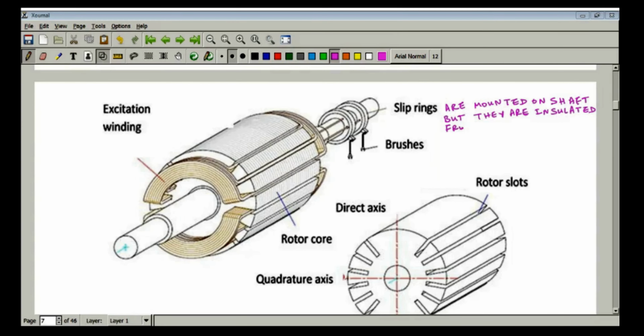So slip rings are mounted on shaft, but they are insulated from shaft.